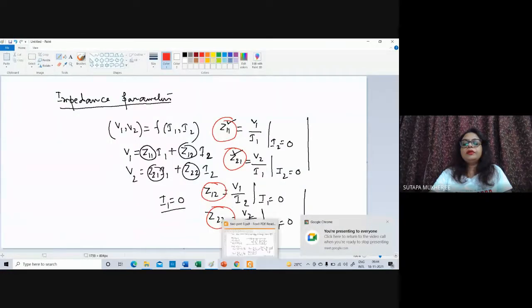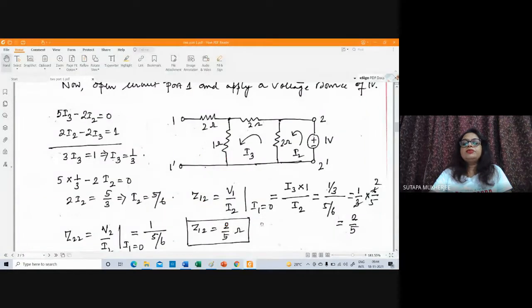So go there. V1 by I2. So what is V1? I3 into 1. Obviously, this is V1 parallel to port 1. What is I2? I2 is equal to 5 by 6. So put the value, you will get 2 by 5. So Z12 is equal to 2 by 5.